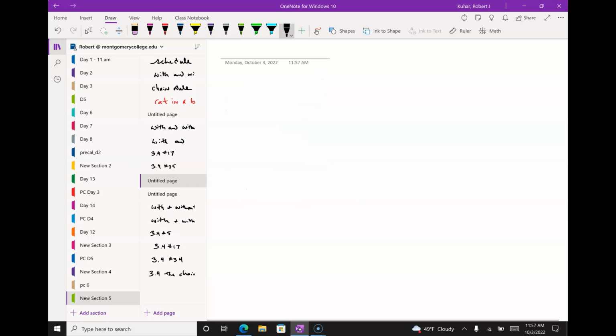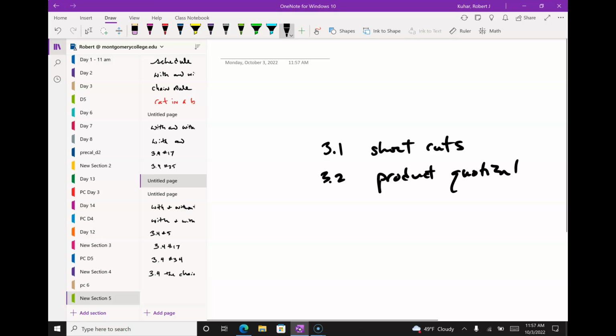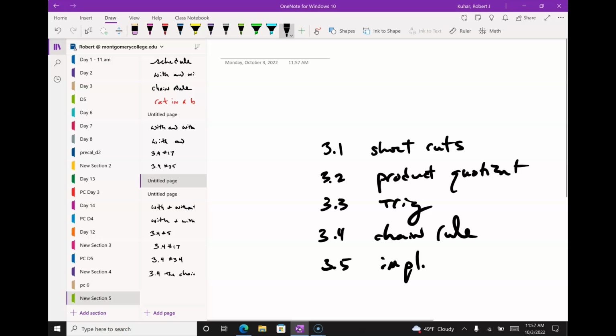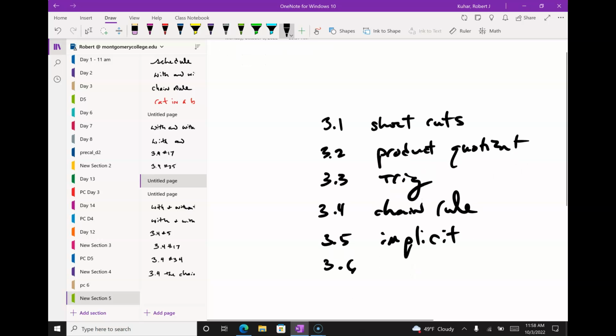I guess 3.1 is shortcut derivatives. 3.2 is product and quotient rule. 3.3 is trig. 3.4 is chain rule. 3.5 is called implicit differentiation. 3.6 is inverse trig.